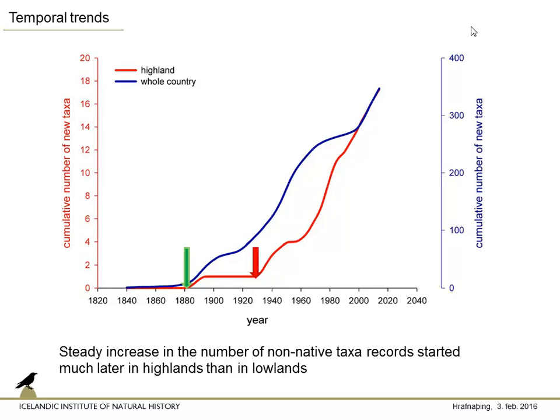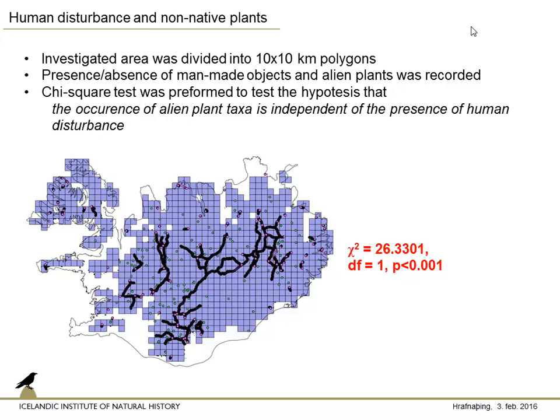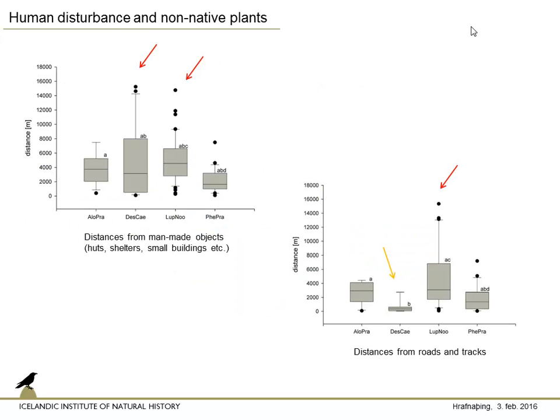I think it's a bit too early to draw conclusions. But, for example, when we compare the dispersion of these two species, Chamaenerion and Lupinus, these are intentional introductions, whereas these two are certainly unintentional into the highlands. They differ a bit, but I think it's too early to draw any conclusions about that.